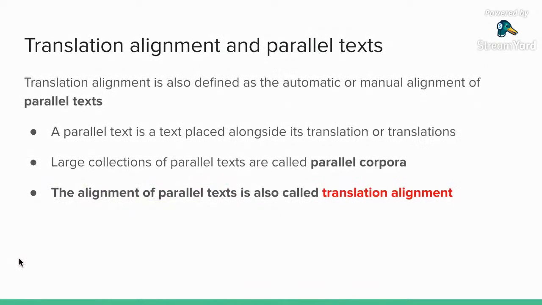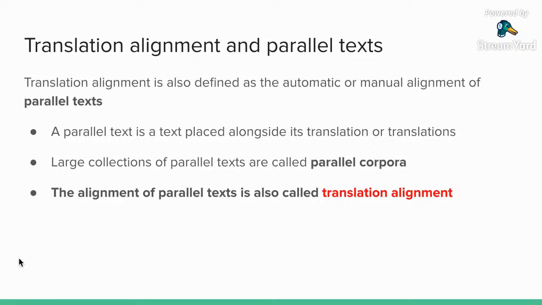So I mentioned that when we talk about translation alignment, we also talk about parallel texts as a structural feature of translation alignment, because translation alignment or cross-language alignment uses parallel texts or parallel corpora as its main data input. Parallel text is just a technical word to indicate a text placed alongside a translation or translations virtually in many languages.